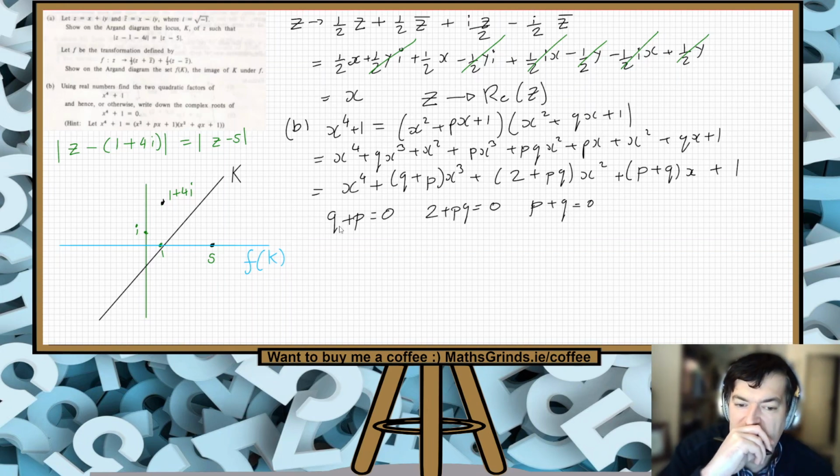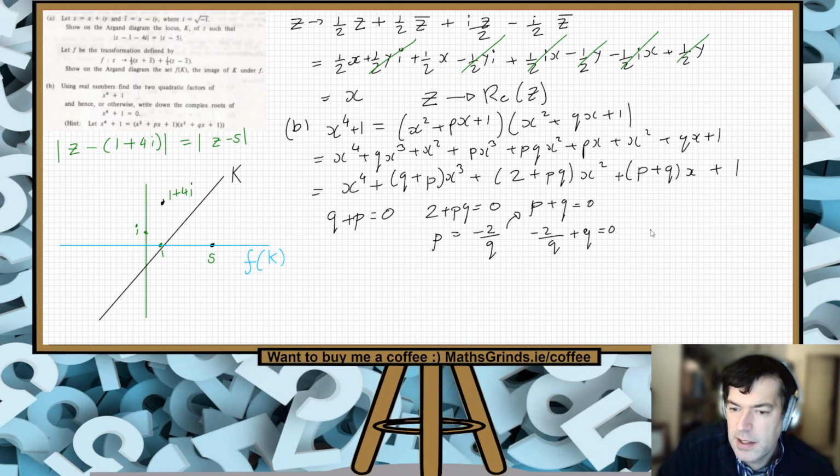So it's a bit funny. That's the same equation. So I guess I have two equations, enough to work it out. I could say p equals minus 2 over q, and I can sub that in here to get minus 2 over q plus q equals 0.